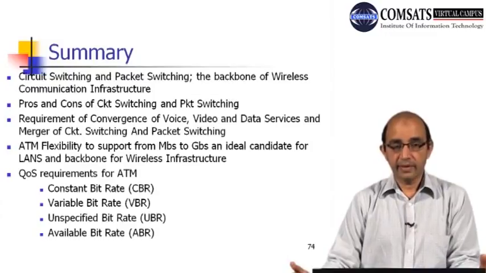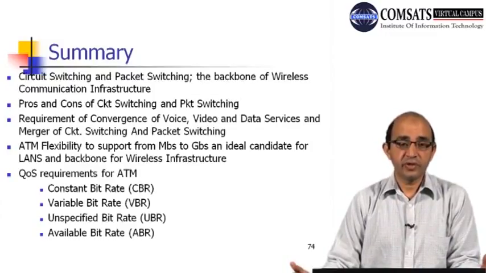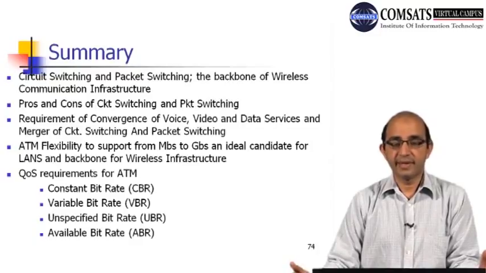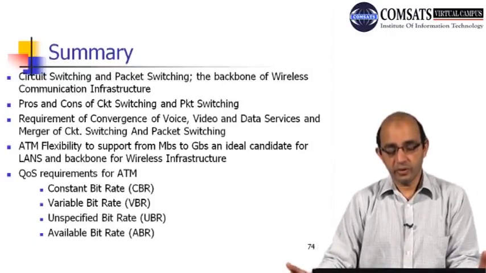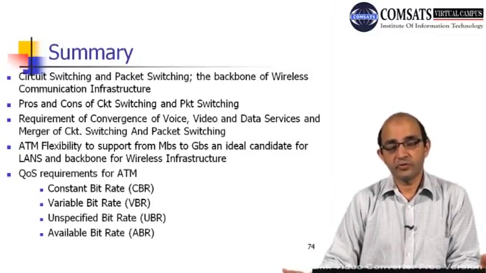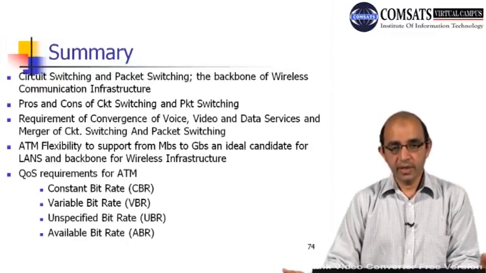After that we talked about the architecture of ATM, the cell size, and the protocols it supports. Then we also mentioned ATM over the OSI layers, and finally we talked about the quality of service mechanisms supported by ATM, and the methodologies adopted by ATM in order to enforce those different quality of service mechanisms. So that's all.